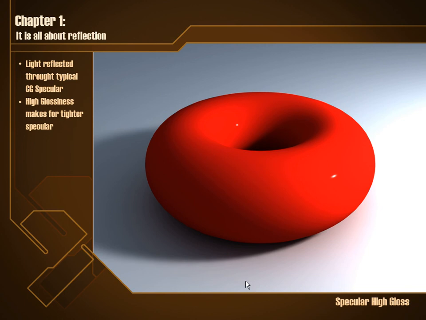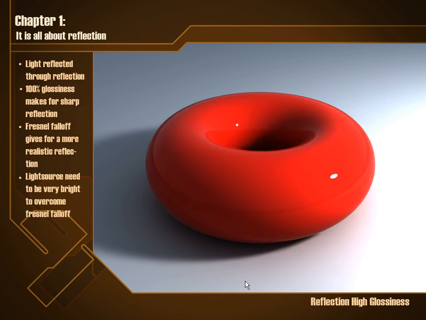But what if we were able to create a reflection using a reflection method rather than a specular method? And that's what this is. Instead of doing it through a specular model, the light source is actually reflected in here. I've made this 100% glossy, so this is why it's so sharp. That's my light source out there being reflected back in this environment.